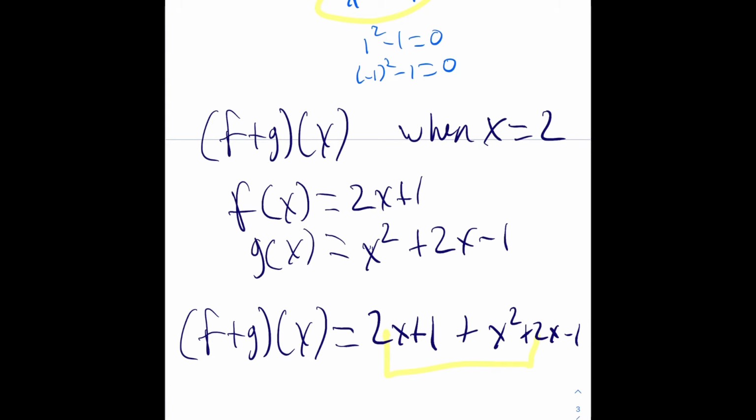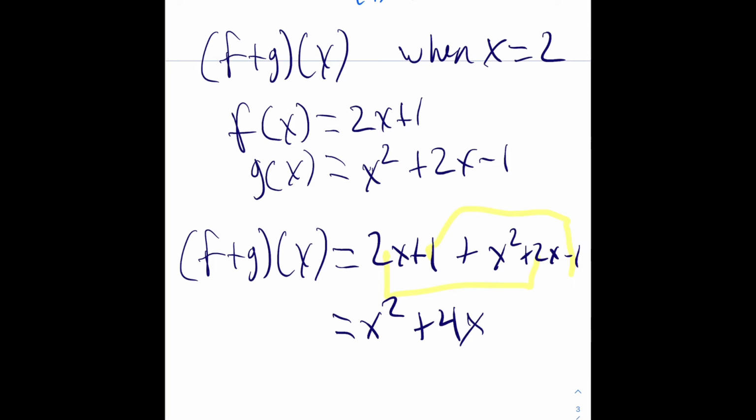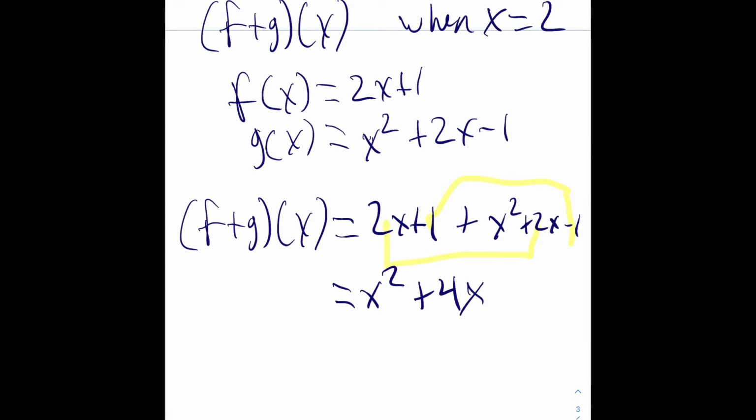I've got like terms here. So equals x squared, 2x plus 2x is 4x, and 1 minus 1 cancels out. So that's what I get: x squared plus 4x.